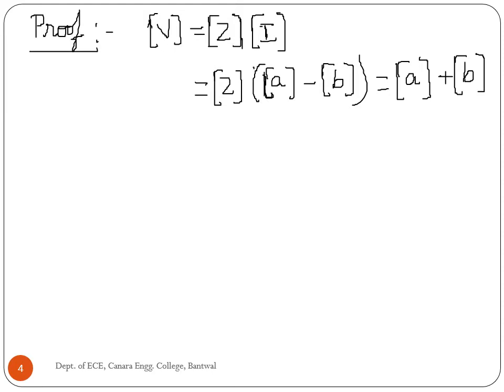We can rewrite the above equation by multiplying the unity matrix to the right hand side term.